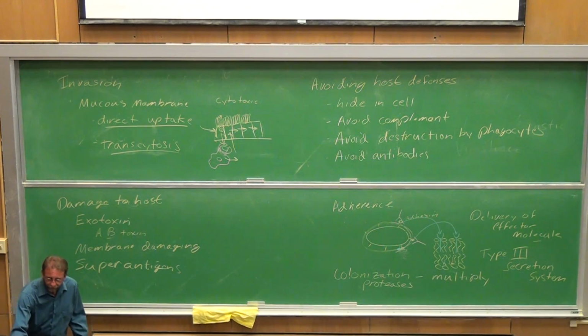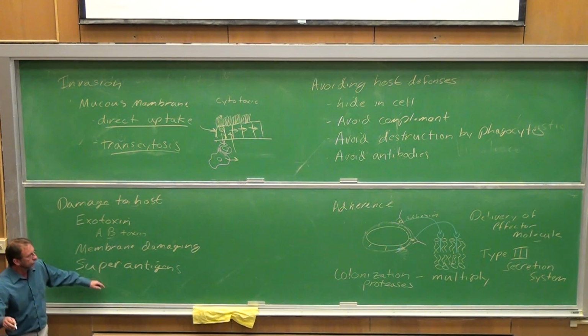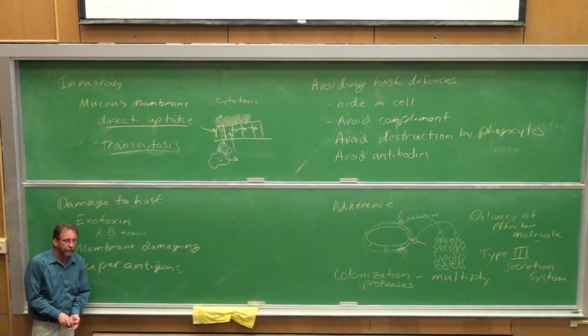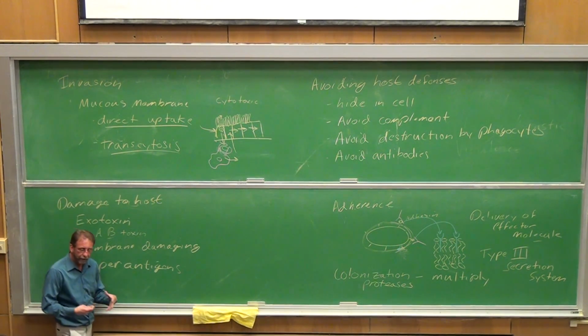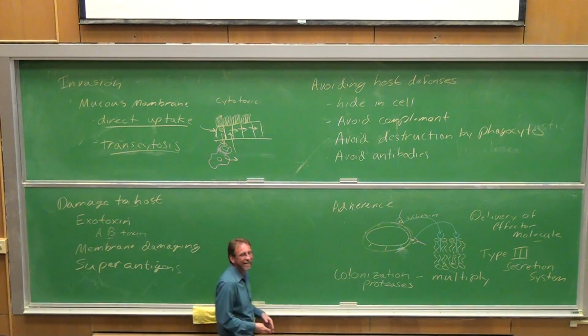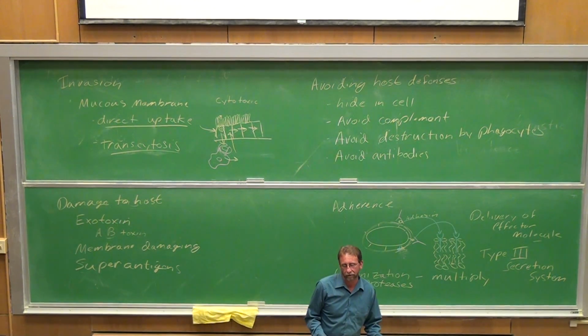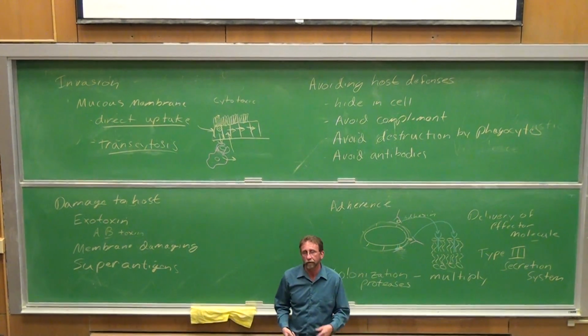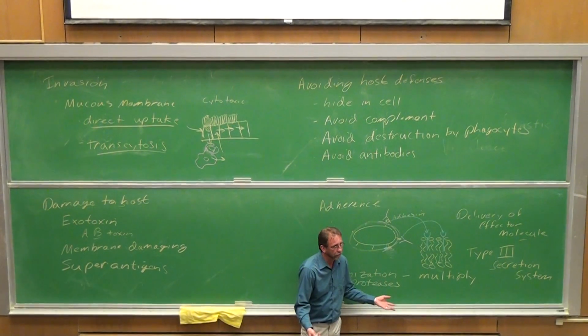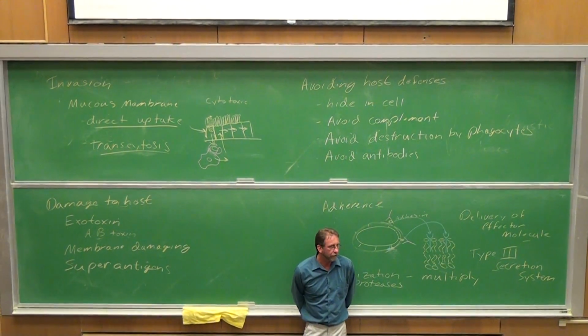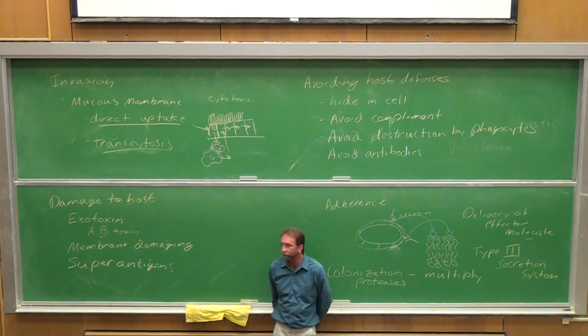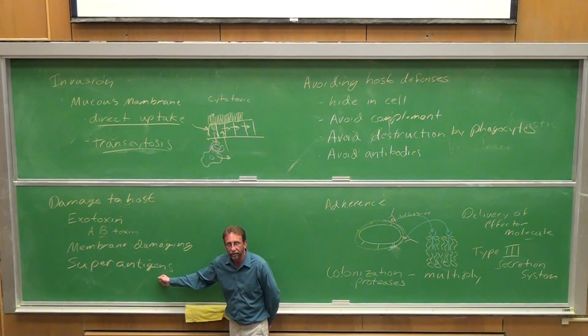Now, a superantigen is a microbe that causes a T cell response in excess of what we would want. So let's imagine that normally 1 in 20 T cells might be active for any particular infection.